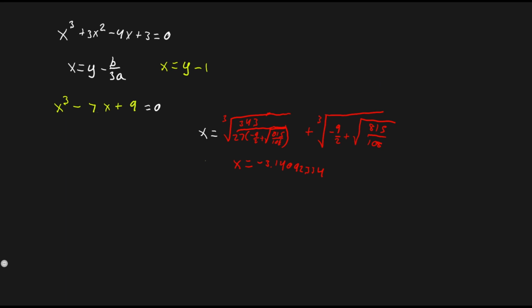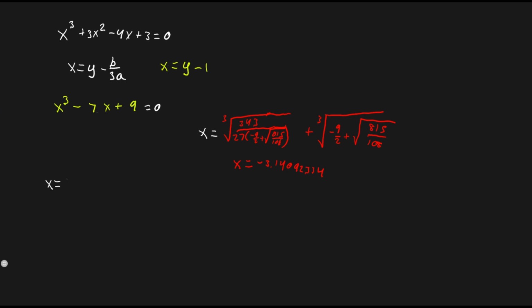Now that we have x, we can go ahead and take the roots of unity to find the solutions, but we'll do that later. So now to get our solution to our original cubic, we just have x is equal to y, where x is y in this example. We're going to have x is equal to this expression here, minus 1.